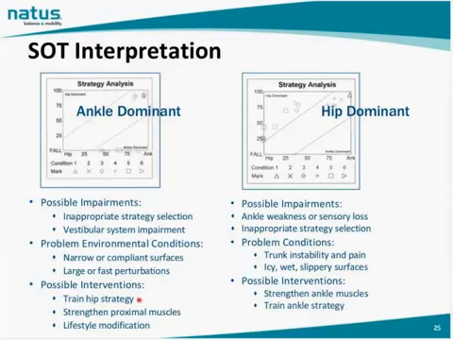So you do need to make sure that hip strategy and muscle structures are involved, and possibly lifestyle modifications, to help these patients out. A hip dominant strategy, on the other hand, is one where the patient, when reasonably well balanced, is executing far too much hip activity in order to maintain that. This is common in the elderly. They have a little ankle weakness, a little bit of peripheral sensory loss, perhaps some peripheral diabetic neuropathy, and it's a very big issue with trunk instability and pain.